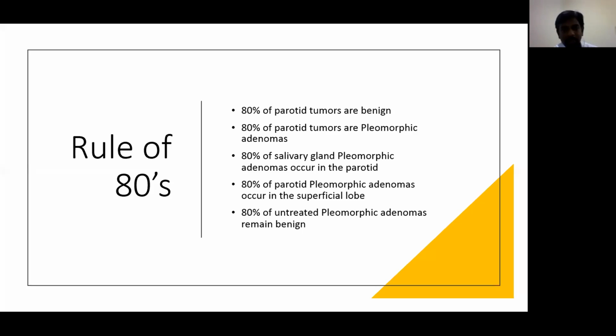It is an approximate value only, but it almost fits this criteria. 80% of parotid tumors are benign, 80% of parotid tumors are pleomorphic adenomas, 80% of salivary gland pleomorphic adenomas occur in the parotid gland, and 80% of parotid pleomorphic adenomas occur in the superficial lobe, and 80% of untreated pleomorphic adenomas may remain benign. Only 20% have the chance to transform into a malignant one. Just remember this rule of 80s.